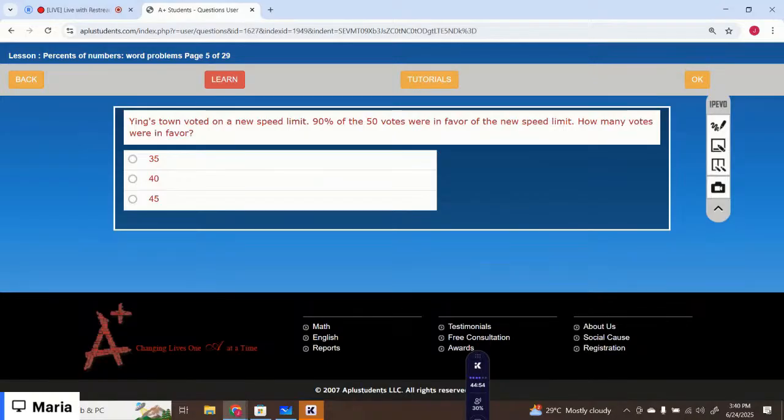Newstown voted on a new speed limit. 90% of the 50 votes were in favor of the new speed limit. How many votes were in favor?